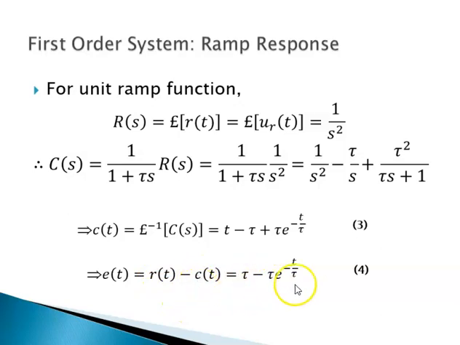That comes out to be tau minus tau e to the power minus t over tau. This term goes to 0, whereas this term remains. That is, some error remains, and that is why we say that a first order system cannot track a ramp input.